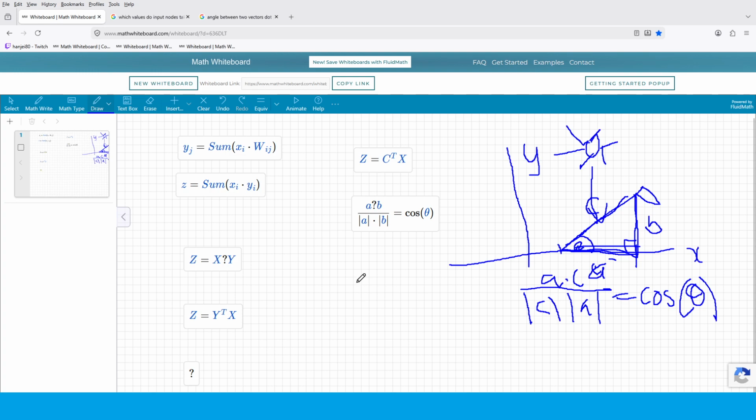So for example, if the flagpole is perpendicular, it won't cast any shadow, so it would be 0, and therefore it would be cos 90. What's cos 90?